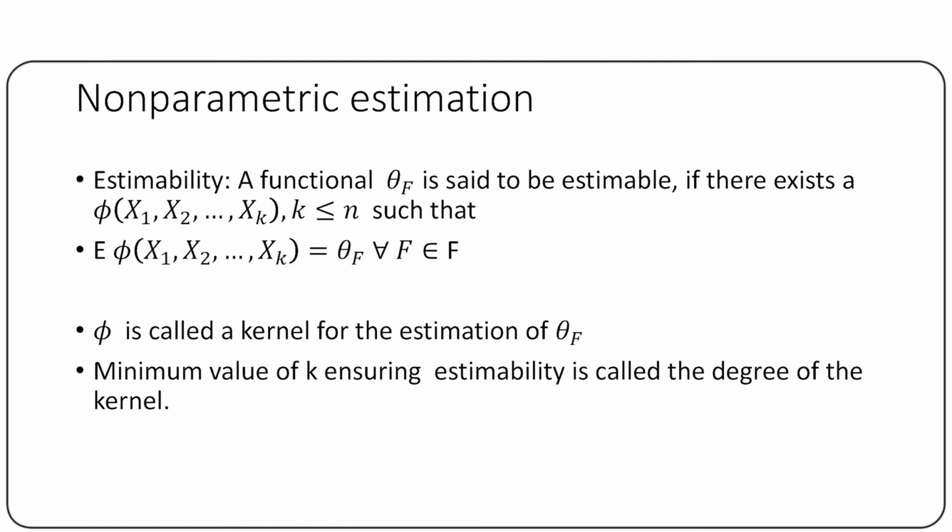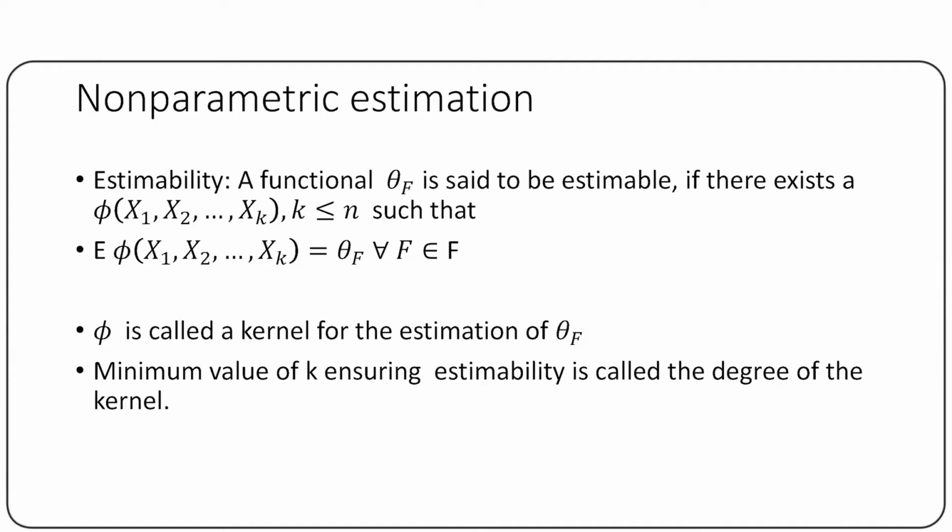Then theta(F) is said to be estimable if there exists a function phi of k elements, that is, a function of X1, X2, ..., Xk, where k is strictly less than n, such that the expected value of phi under F is theta(F) for every choice of distribution from the class of distributions.